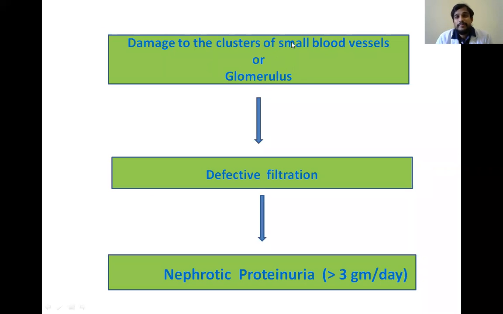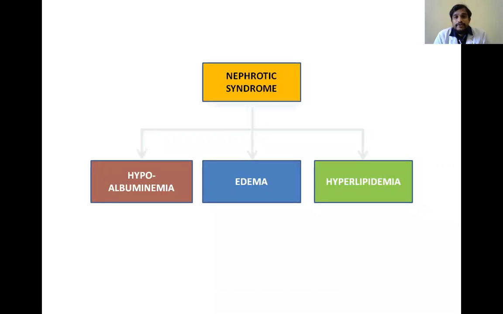So here there will be damage to the cluster of blood vessels in the glomerulus or damage to the complete glomerulus, which leads to defective filtration and nephrotic proteinuria, that is greater than 3 to 3.5 grams per day. So nephrotic syndrome, the main thing here is proteinuria, excretion of large amount of proteins in the urine, and this proteinuria leads to hypoalbuminemia, edema, and hyperlipidemia.